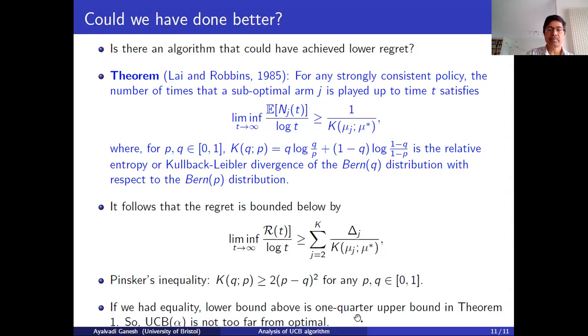There are variants of the UCB algorithm which are asymptotically optimal, which do meet this Lai-Robbins bound. It's called KL-UCB. It's a bit more complicated. The analysis is much more complicated, so we won't discuss that algorithm in this course, but it's only a minor variation of the UCB algorithm.